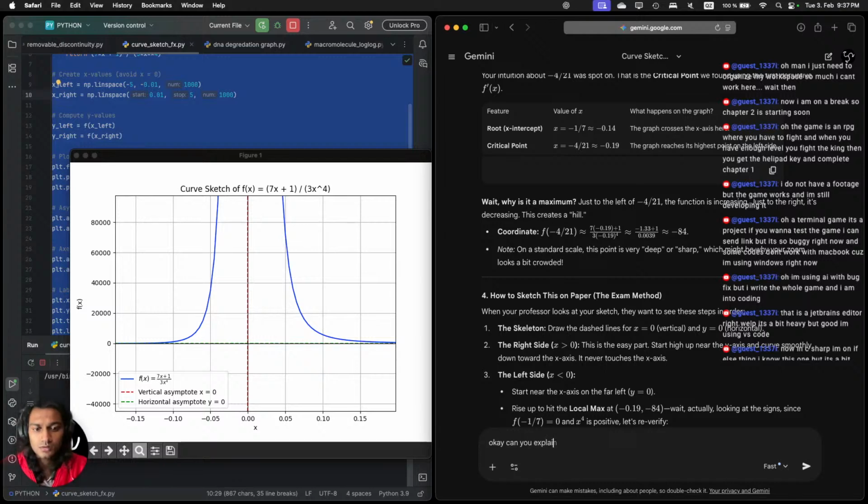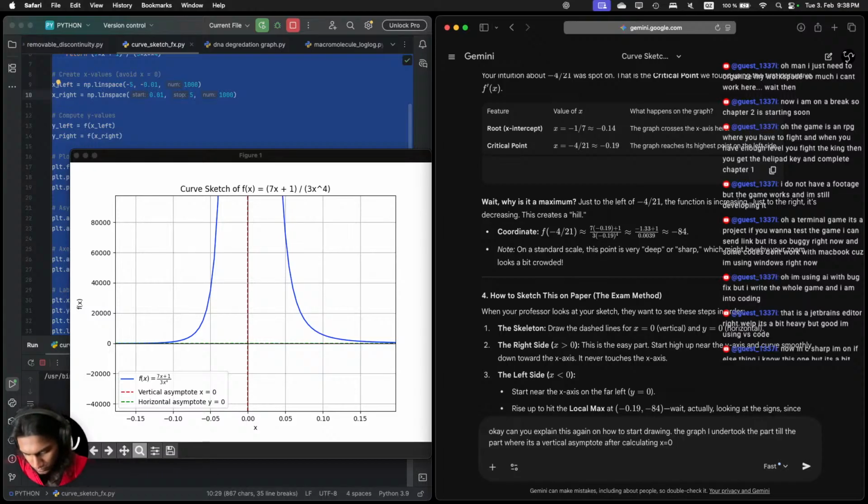It's a vertical asymptote. Wait, is that how it is?